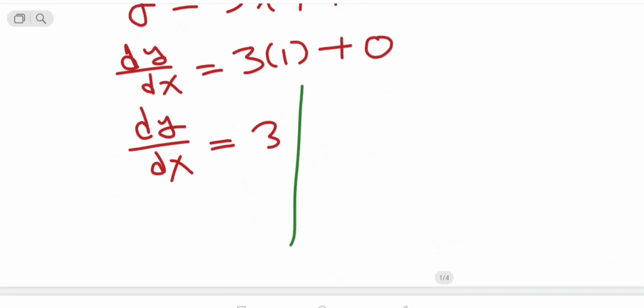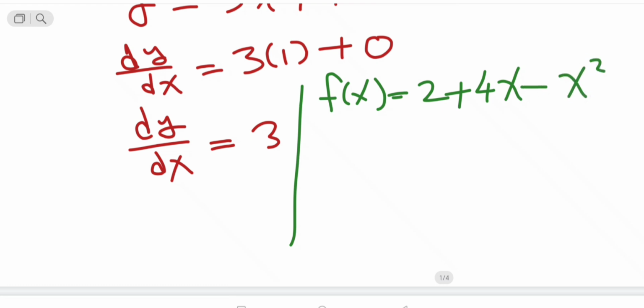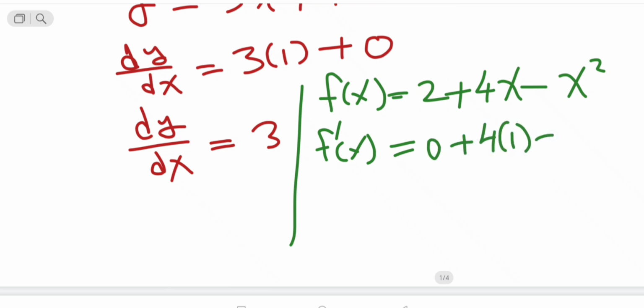We will try to solve one more question. f of x equal to 5 plus 4x minus x square. We will apply the rules which we learned in the beginning. So f dash x, f dash means the derivative of f x. The derivative of any constant is equal to 0, plus 4 times the derivative of x which is 1, minus the power multiplied with the coefficient. The coefficient is not given, it means 1, so 2 multiply 1 is 2.